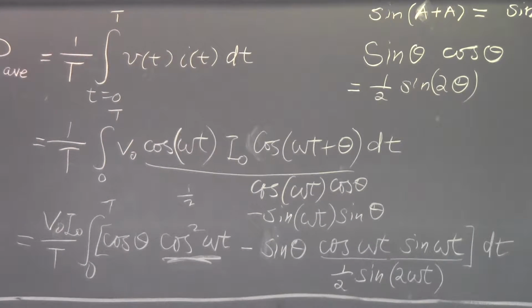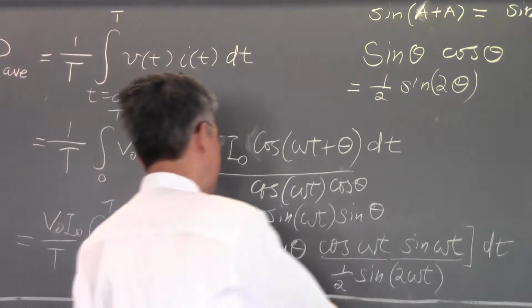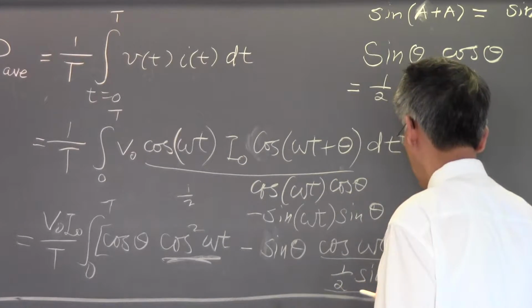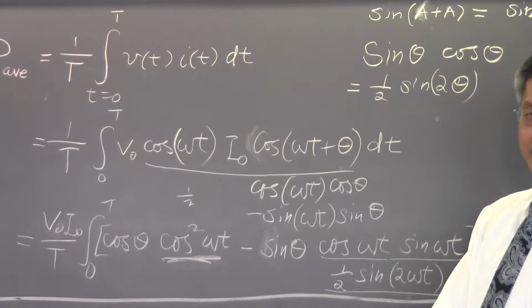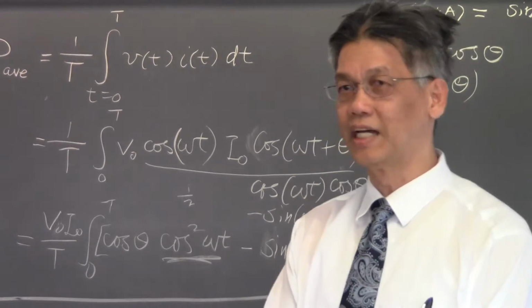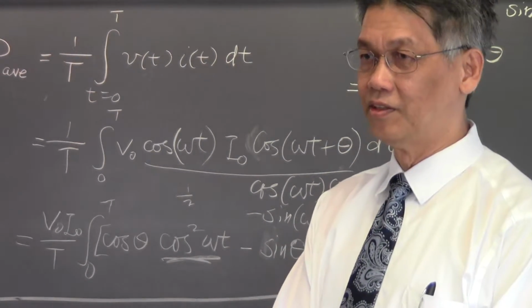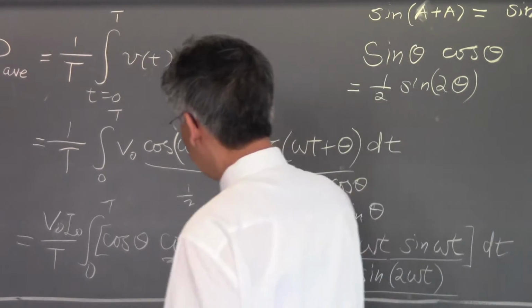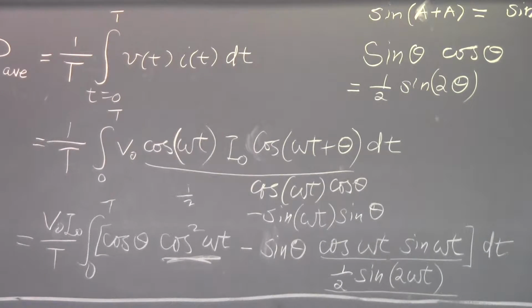If you were to plot the second term, it has both positive and negative values. So when you time average the second quantity, what do you get? You get 0. The first quantity, as you can see from this picture, does not go negative, so it time averages to half.